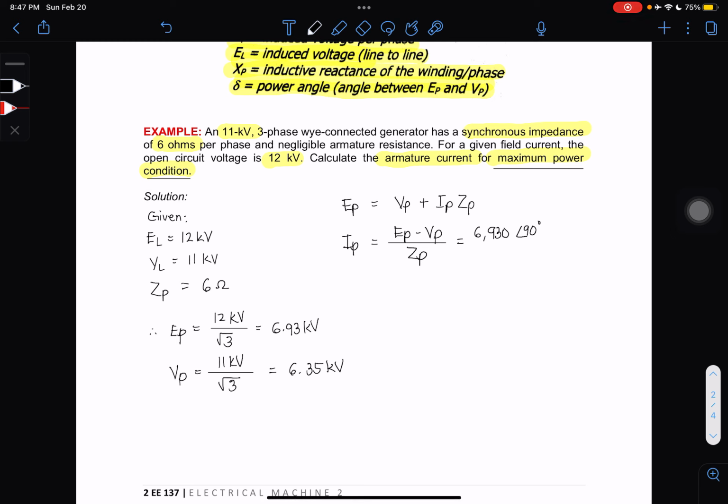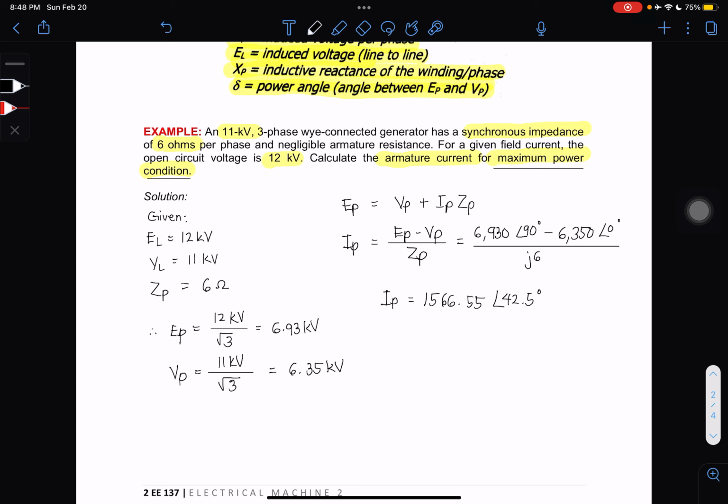So our power angle will be 90 degrees, minus our VP 6,350 volts with an angle of 0 degrees, divided by the impedance. We have j6 since our armature resistance is negligible. Solving for IP, it will be 1,566.55 with an angle of 42.5 degrees.